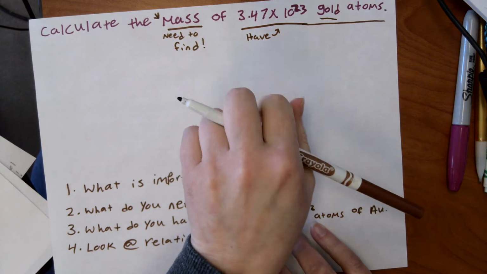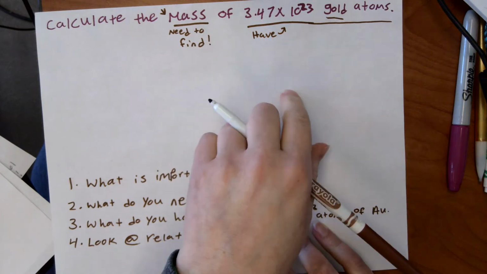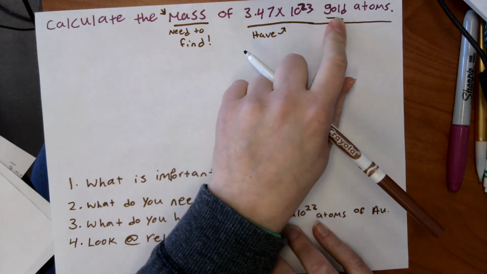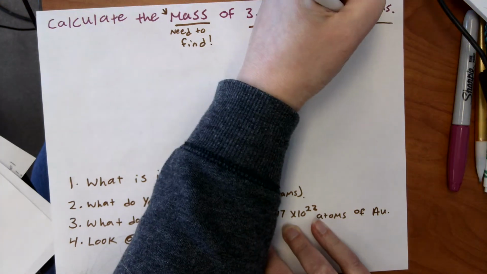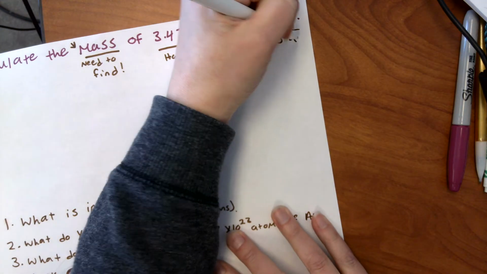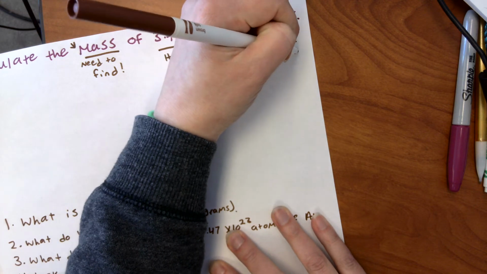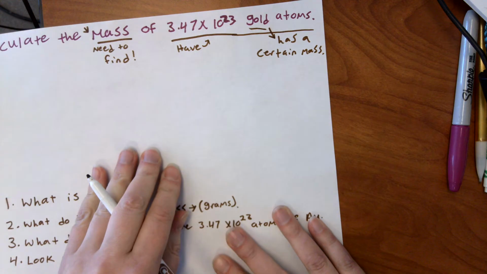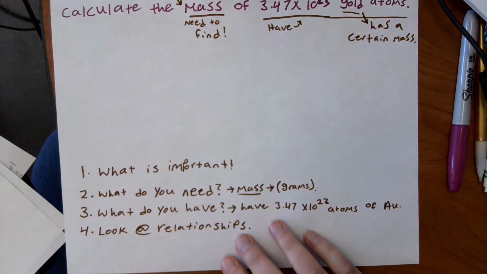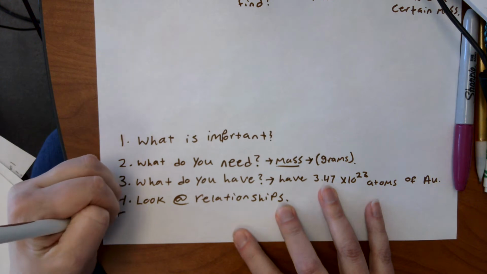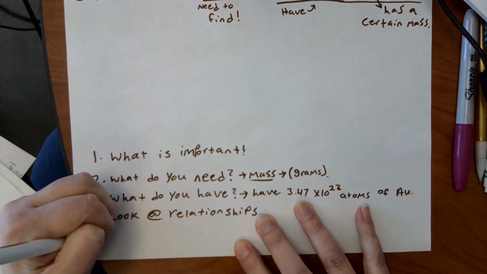Right off the bat, we don't know specifically how they're connected, other than we know gold itself has a certain mass to it, and we can find that in a second. Number 5. Write your conversion factors.